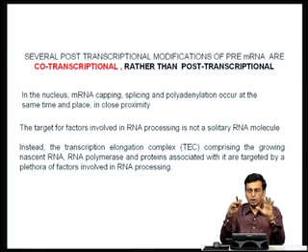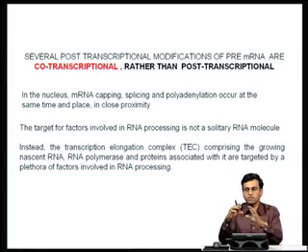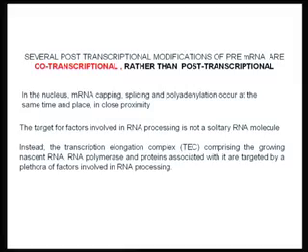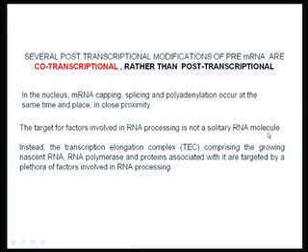So, although in textbooks we discuss each one of them as a separate event, first we study transcription initiation, then transcription elongation, then splicing, capping and polyadenylation, inside the nucleus all these three processes occur simultaneously, in very close proximity, at the same time and at the same place. The target for factors involved in RNA processing is not a solitary RNA molecule.